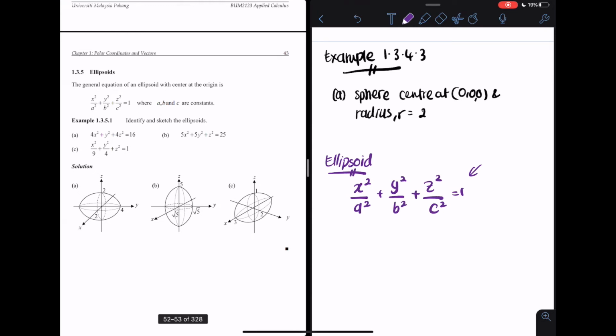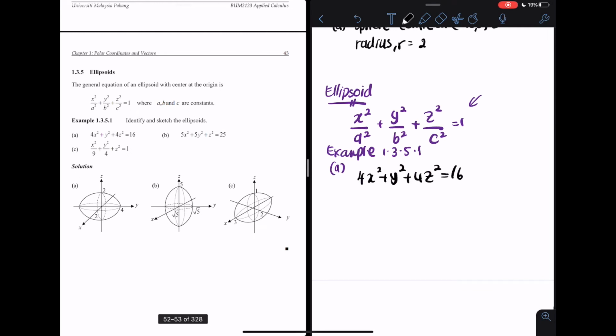So let's take a look at question A. For this example 1.3.5.1, you are given this equation: 4x squared plus y squared plus 4z squared is equal to 16. If you look at the equation carefully, you will see that the variables don't share the same coefficient, so you cannot deduce that it produces a sphere.